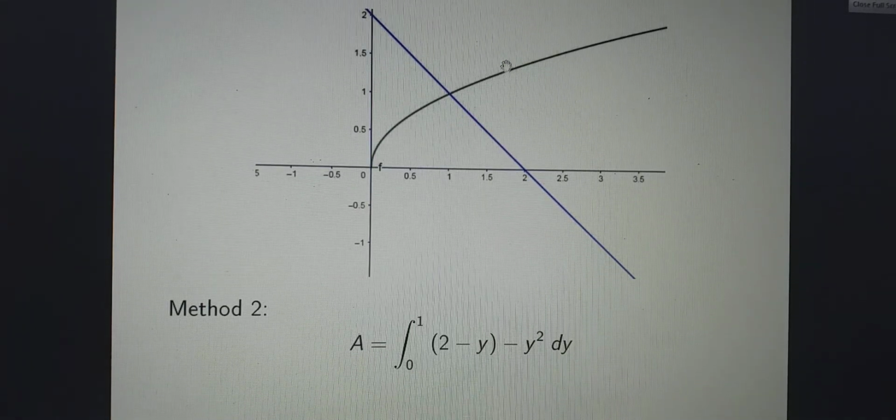Okay, this is the picture of the curves. This is x plus y equals 2 and this is y equals square root x. So the region D is this.